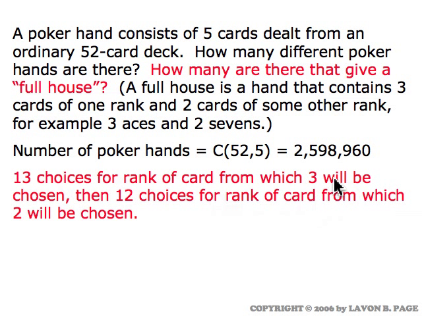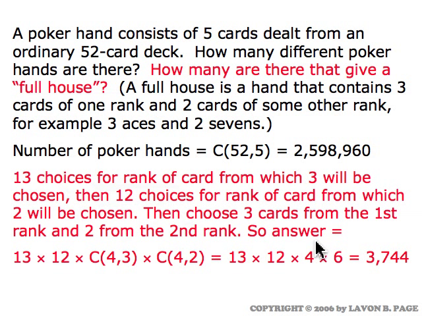If you think about where the 3 cards come from first, there will be 3 alike coming from one of the 13 ranks, and then 2 alike coming from one of the other 12 choices for remaining rank. So that gives us 13 possibilities for which rank it is that the 3 cards alike come from, times 12 possibilities for which possible rank it would be that the 2 cards alike would come from.